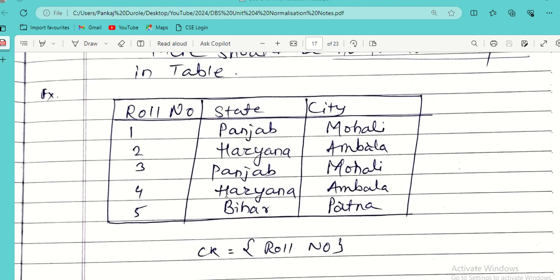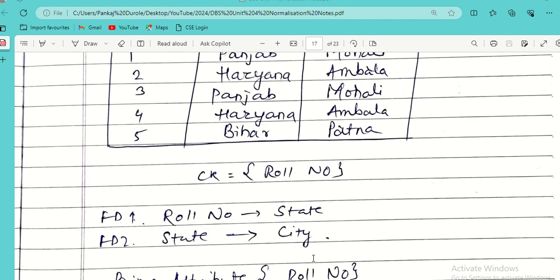Now let's take one example. Here you will find some roll numbers, states of India, and the cities which are present in that particular state. The candidate key over here is the roll number only. The functional dependencies are given: roll number is determining the state and state is determining the city.